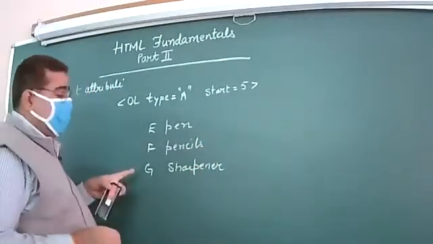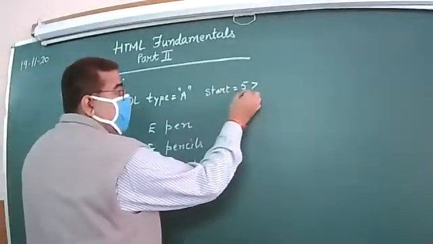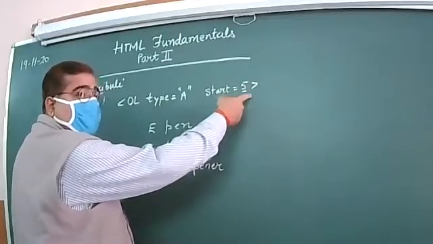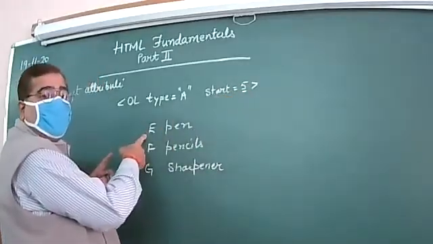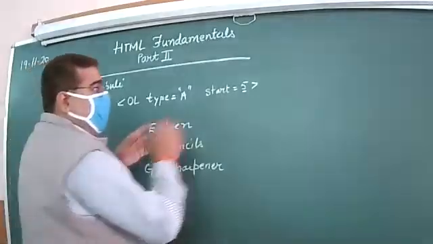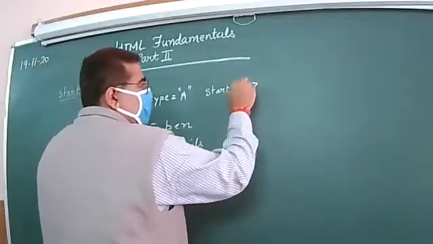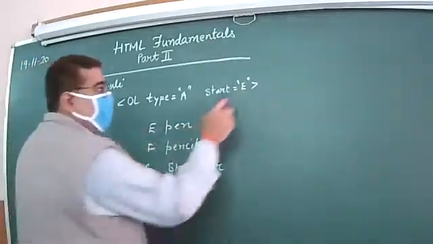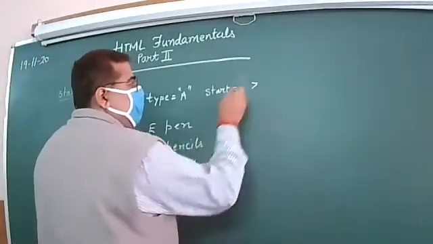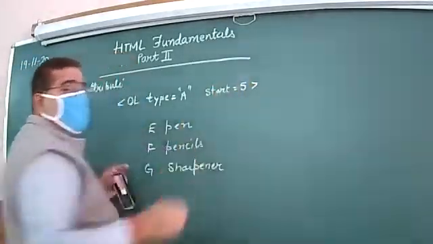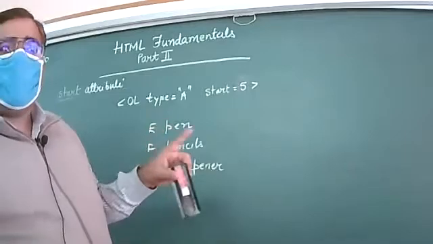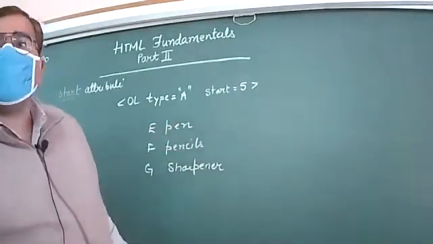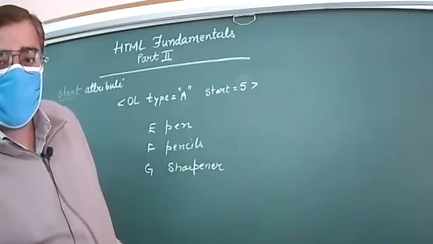In this case also, the start will take the numeric value which corresponds to the alphabet. Don't write E here. Start always takes a numeric value. So corresponding to number 5, whichever alphabet it is, the list will start displaying from that.